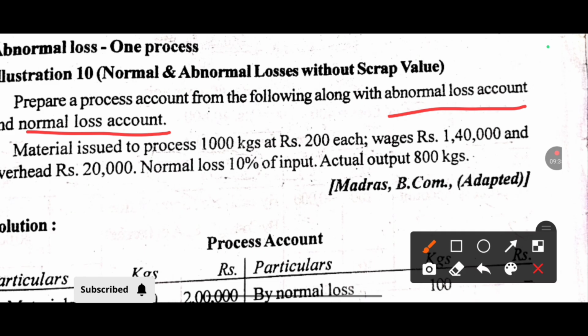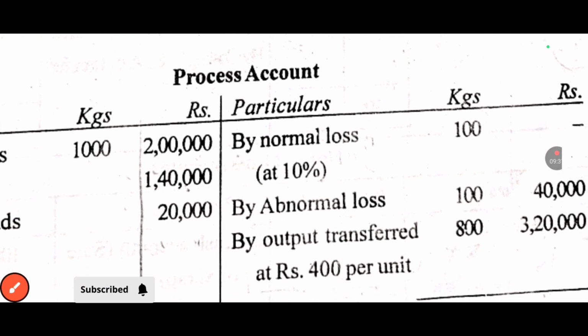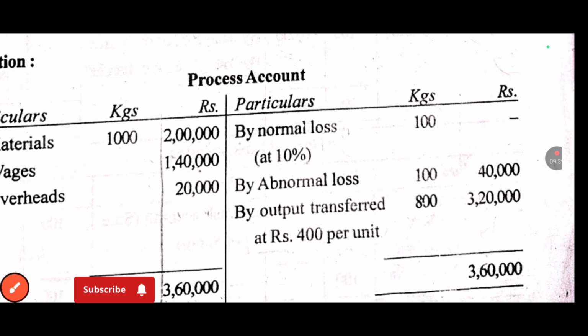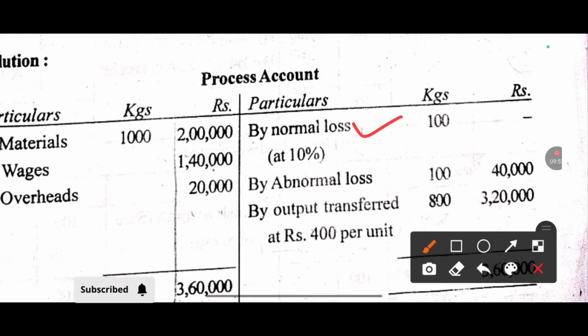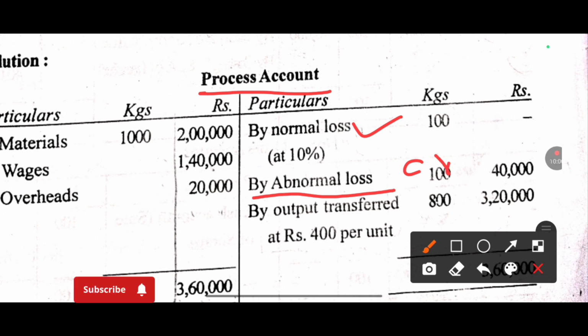Okay. Before that, we need to clearly understand where the normal loss and abnormal loss appear and which account it shows. Okay. So the normal loss appears on creditor side of the process account, and similarly the abnormal loss also appears on creditor side of the process 1 account.